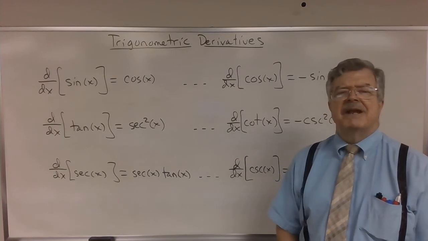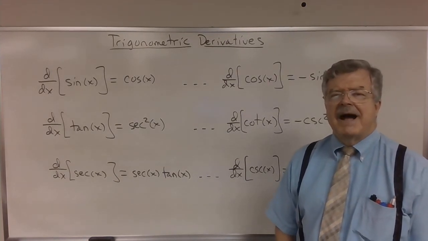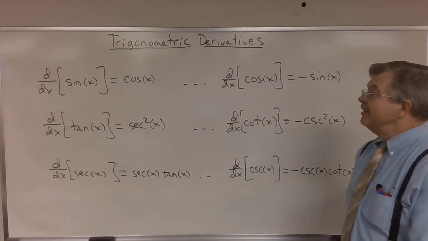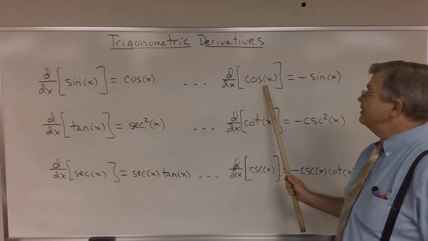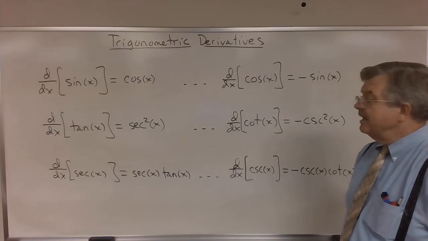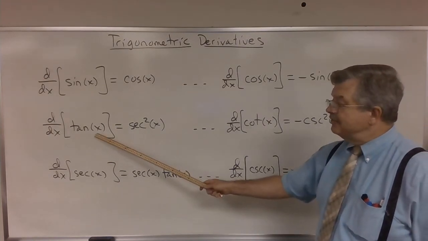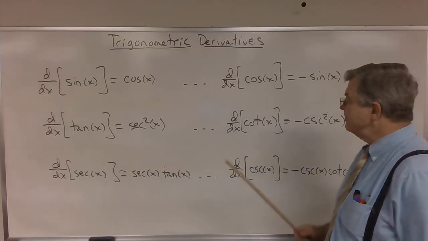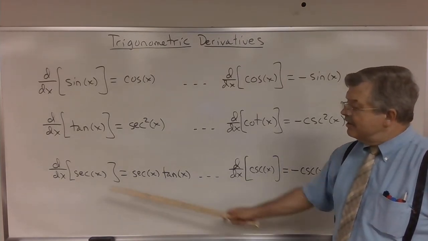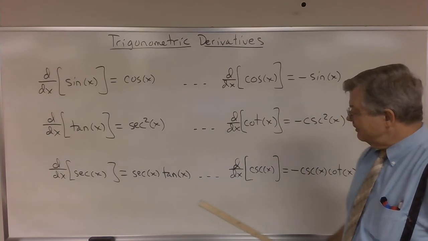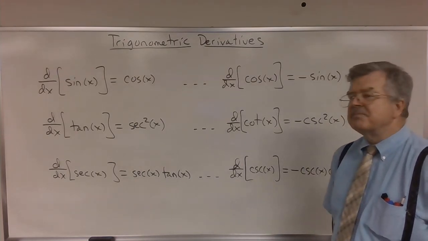And without explanation, I am going to say that the co-function of sine of x is cosine of x. And the co-function of tangent x is cotangent x, and the co-function of secant x is cosecant x.